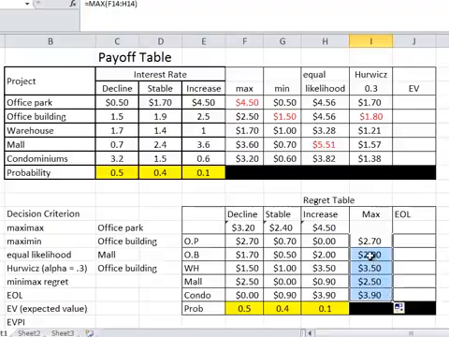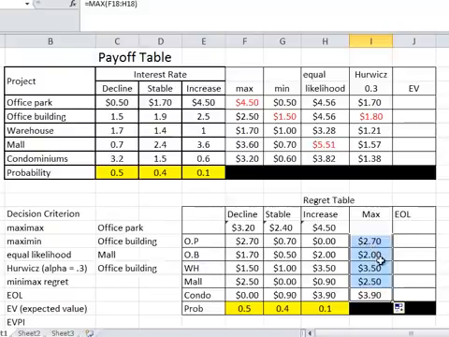And the maximum regrets for office building, warehouse, mall, and condos are $2 million, $3.5 million, $2.5 million, and $3.9 million respectively. Among those 5 maximum regrets, we would like to minimize it.